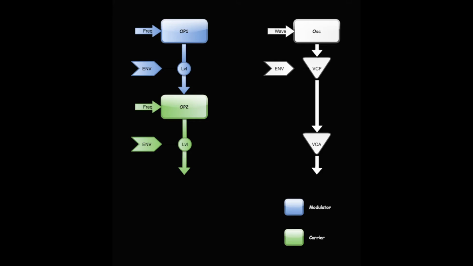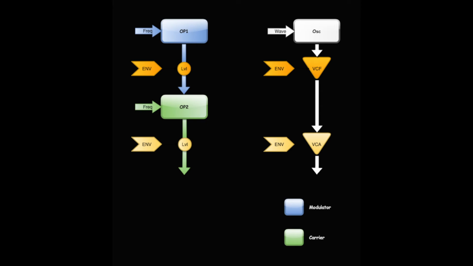So the output level of the carrier is basically the amp level. The envelope on the carrier is the envelope in a synth voice. The output level of the modulator basically equals the cutoff frequency of a filter.